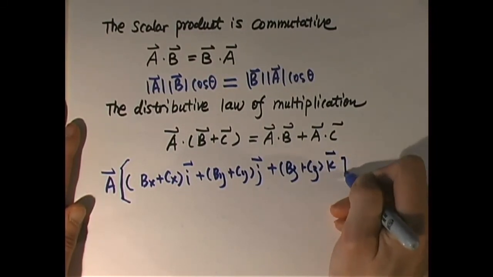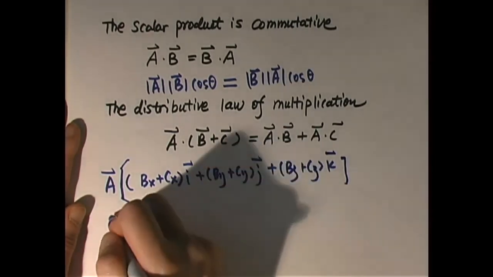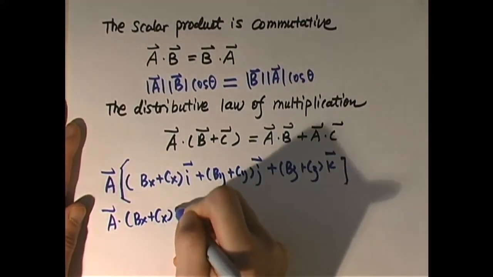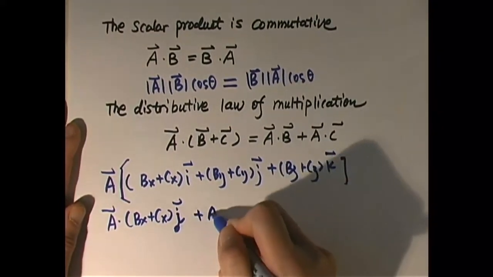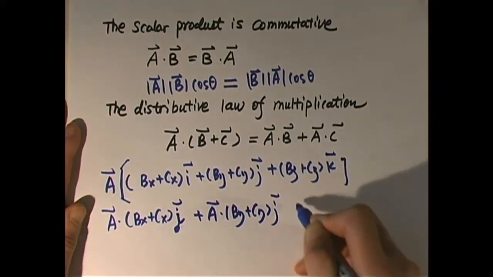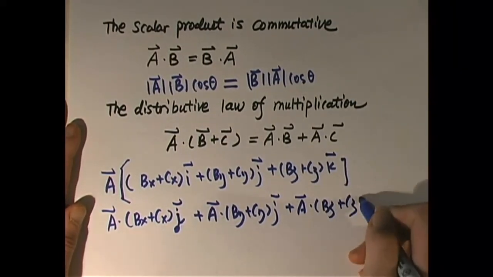See, we add b plus c first, and then we can multiply them just by treating them as a normal product, and we get a dot of bx plus cx of i, the first term, and then a dot by plus cy of j, plus a dot bz plus cz of k.